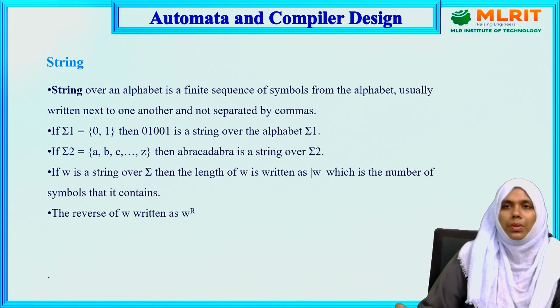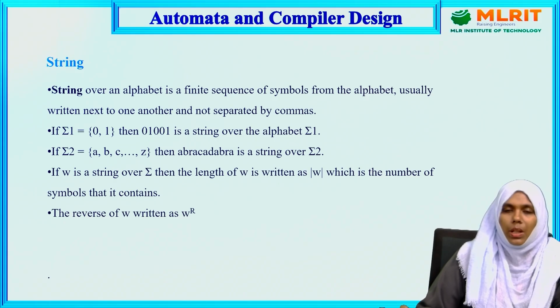Now, coming to the next thing here. In the last slides, we discussed the alphabets and also the power of the set of alphabets. Now, the second thing which we are going to discuss is the string. What is a string? A string is a finite sequence of symbols over an alphabet.